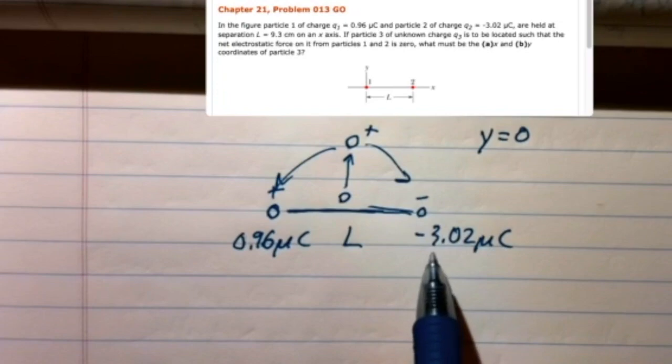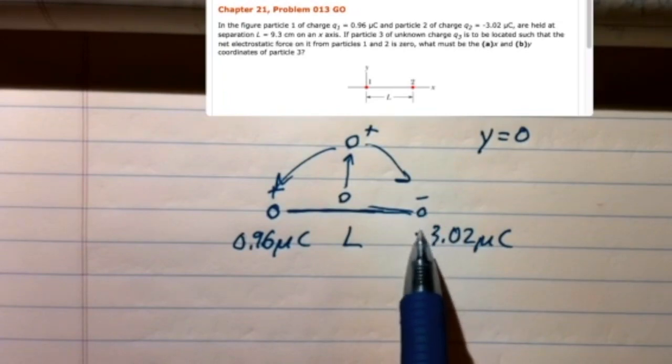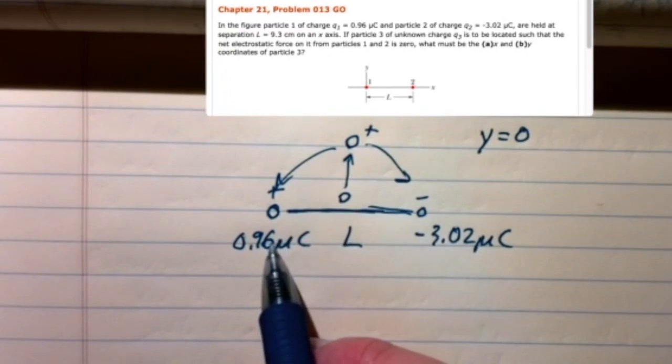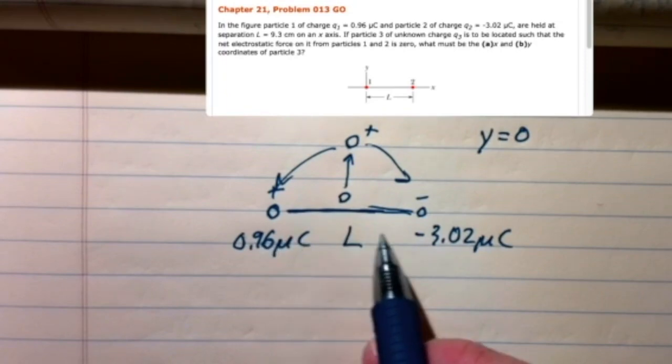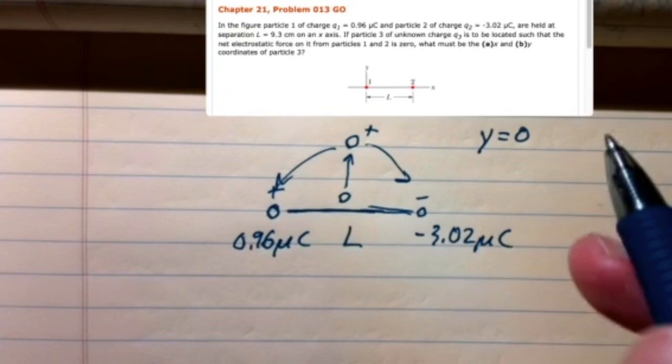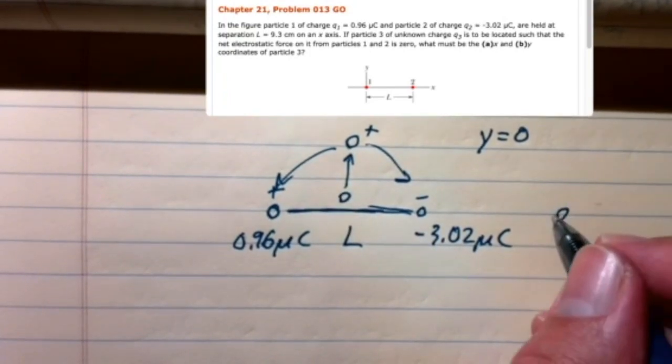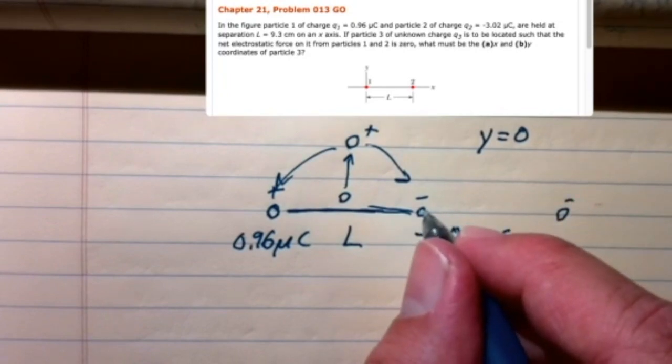Okay, now we have to look at the two charges here. So this charge is very big. And the way that electrical charges work is that they can block each other. So if we have a positive over here, but a really big negative charge over here, if we put a negative charge over here, it would only see this charge over here.